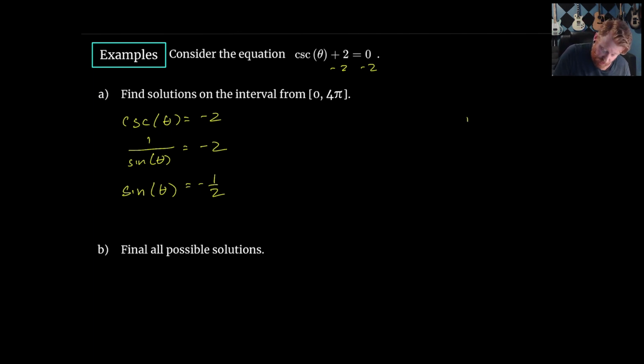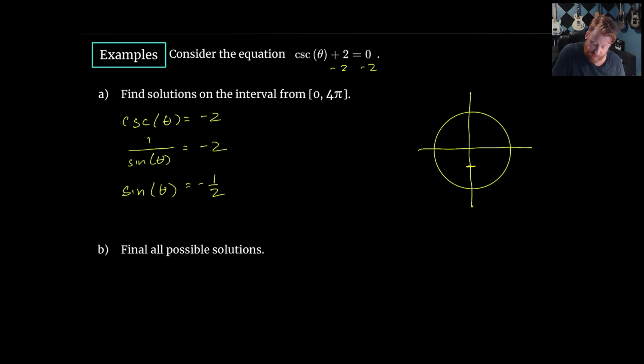So we'll go ahead and draw our unit circle. Negative 1/2 is down here. I'm looking for angles whose sine values are negative 1/2. So I'm looking at this angle here, and I'm looking at this angle here. So we could call this negative pi over 6, but that is not in our interval here.